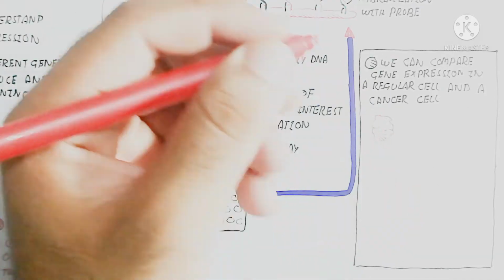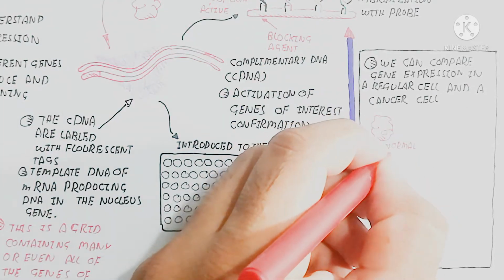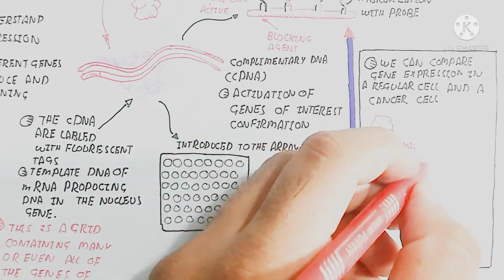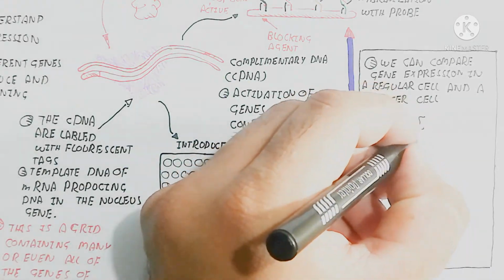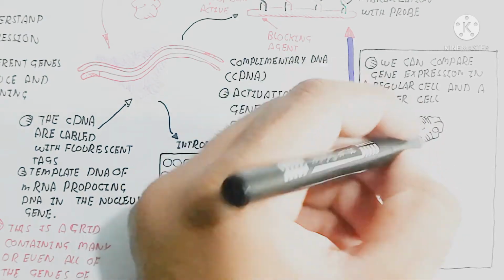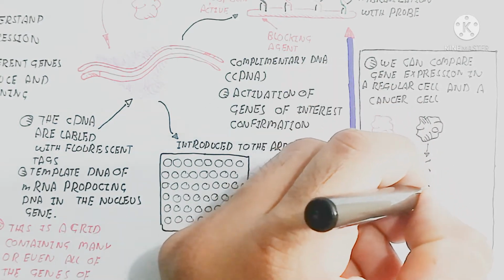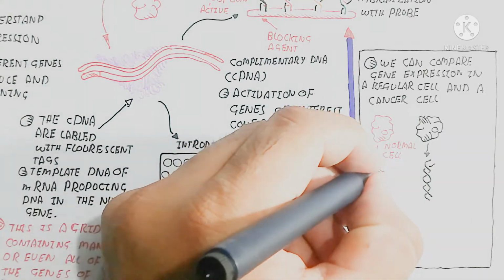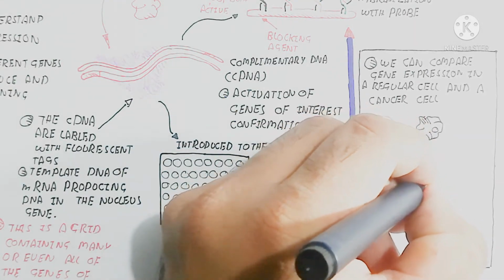So let's begin to understand the identification of cancer and normal cells. We can also compare gene expression in a regular cell and a cancer cell. The normal cell basically produces a normal color, so we can say that it is a normal cell.